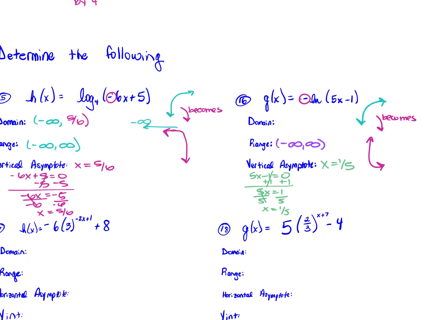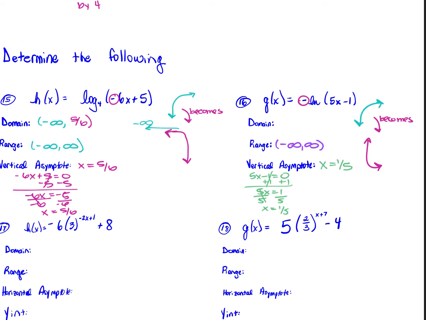Your domain involves your vertical asymptote and what your graph of your line lastly looks like. You had that reflection, so this is going to the right for your domain, so it goes to +infinity. So your domain includes the vertical asymptote number and the +infinity. So that means that we're going from 1/5 to +infinity.